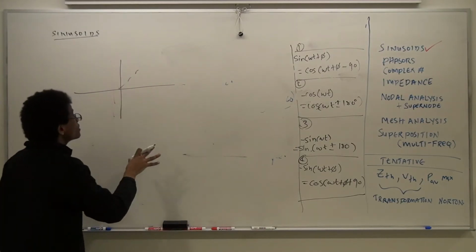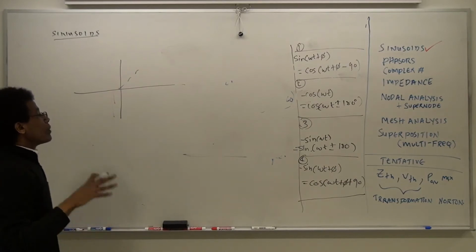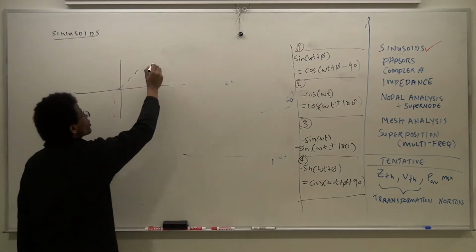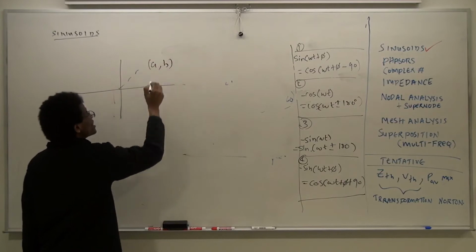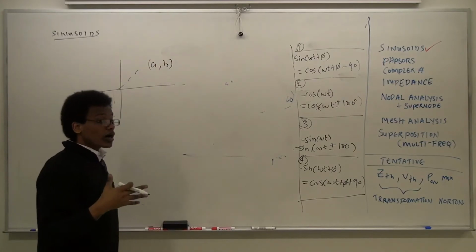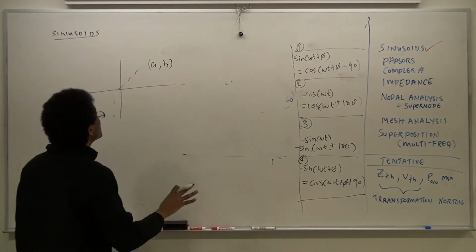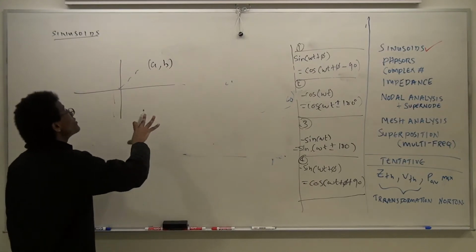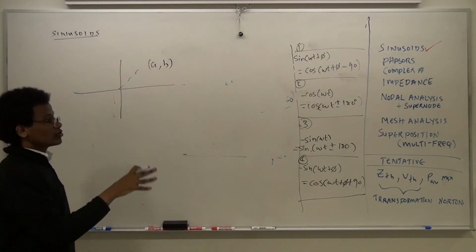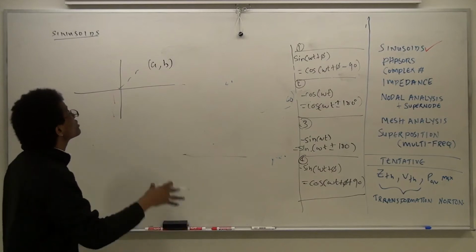Now we can plot a complex number in a two-dimensional plane. So you can go a, comma b. You notice a complex number is not R2. It can be graphically represented as a number in R2, but it's not R2.